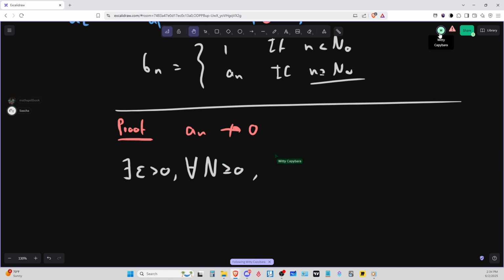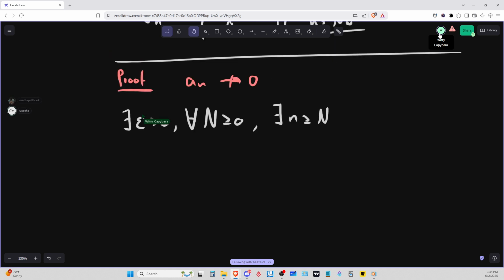But here, as I'm doing the negation, I will just have there exists some n which is bigger than N, such that the condition would be that a_n. Usually the statement would be that a_n is less or equal to epsilon. So the negation of the statement is that the absolute value of a_n is bigger or equal to epsilon.